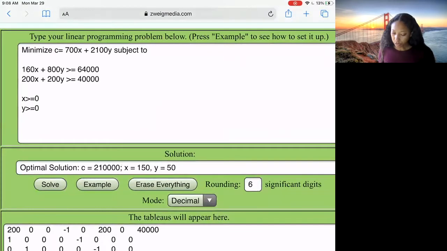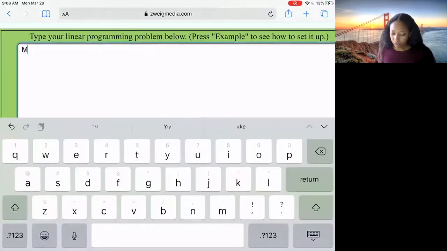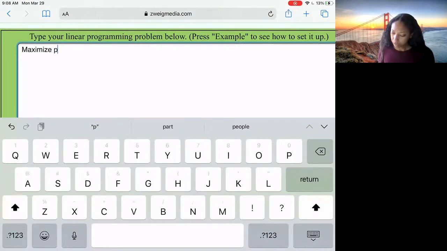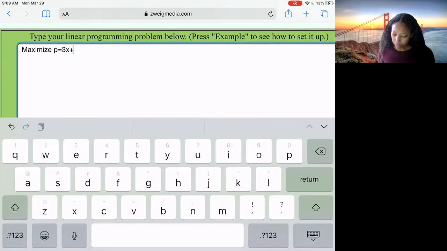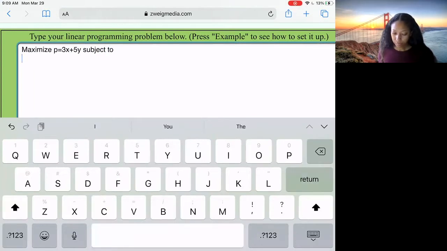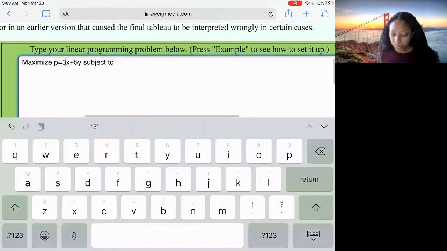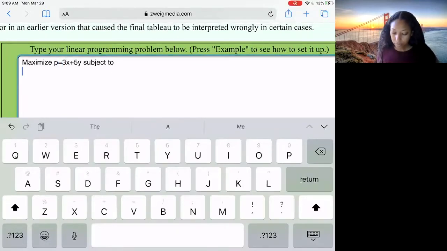So we are going to erase everything that we had before. Now we're maximizing. Maximize P equal to 3x plus 5y, subject to, I'm sorry, just want to make a little space there.